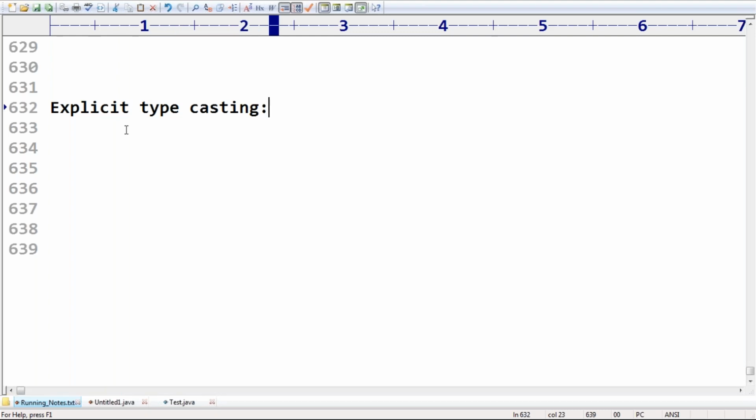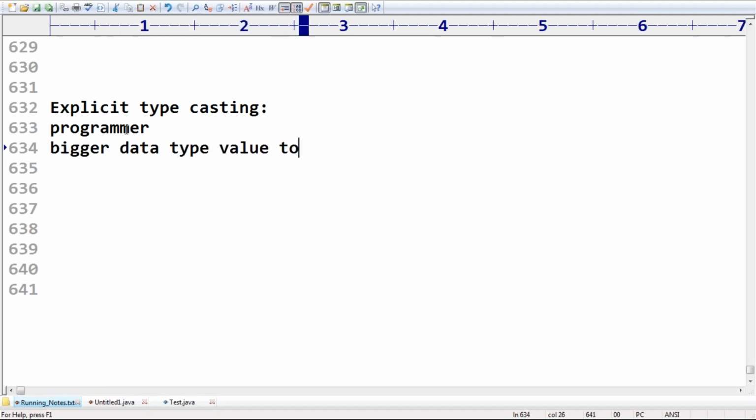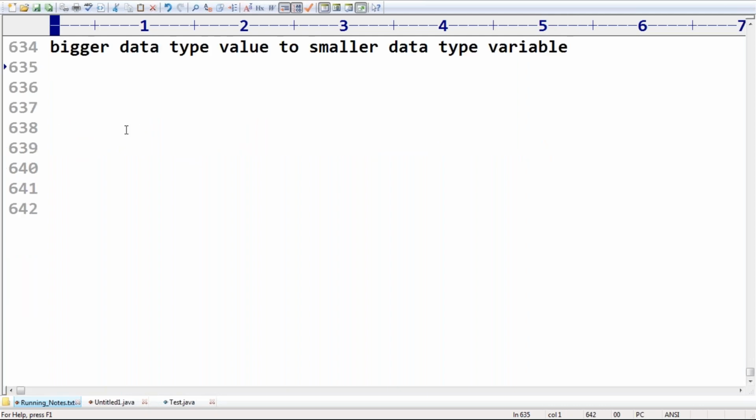Explicit typecasting is required whenever we are assigning a bigger data type value to a smaller data type variable.